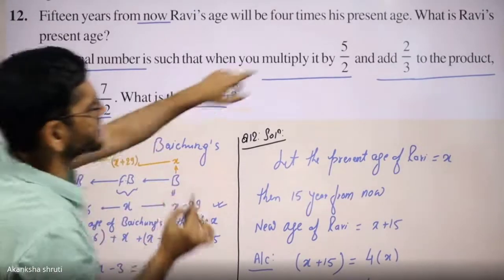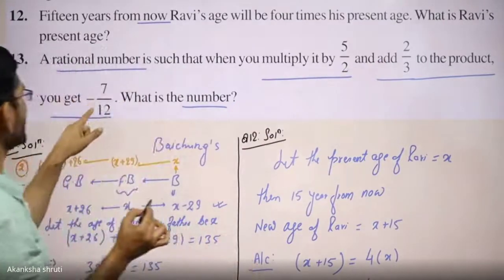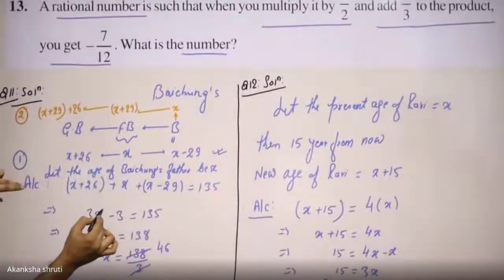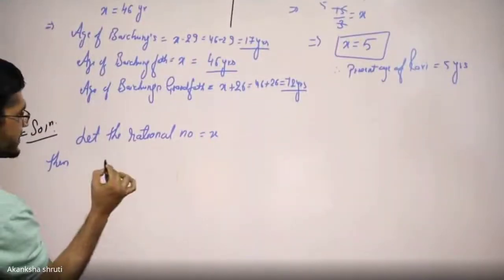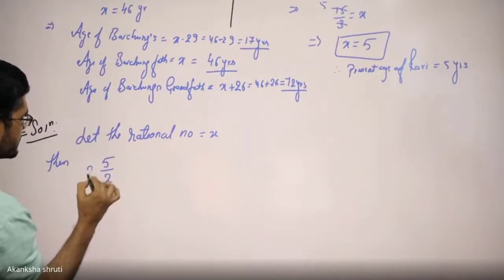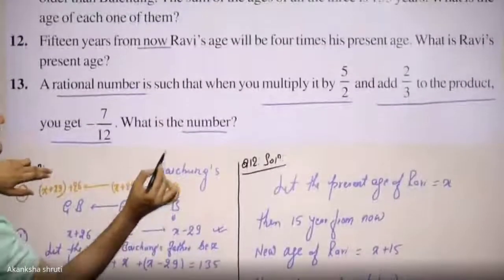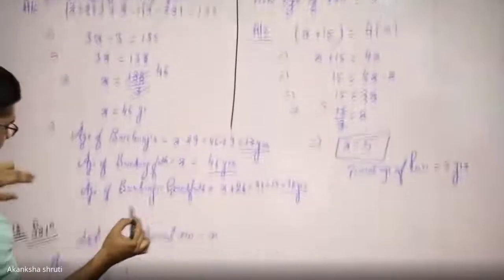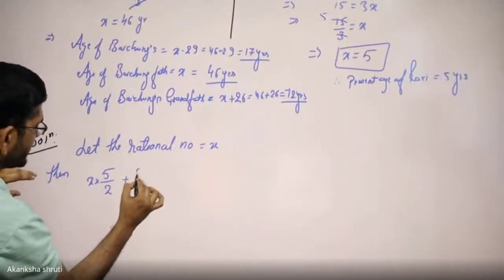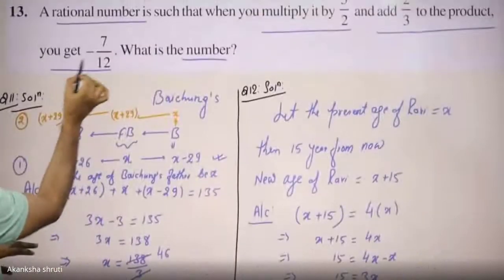Means X multiplied by 5 by 2 plus 2 by 3 is equal to minus 7 by 12.